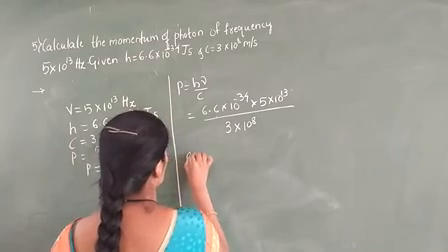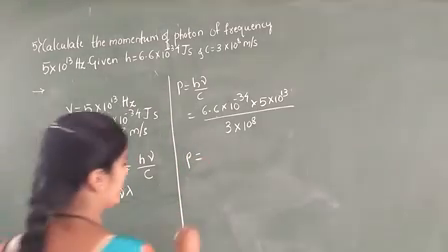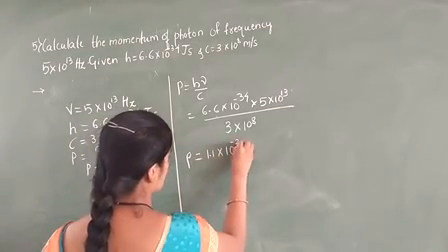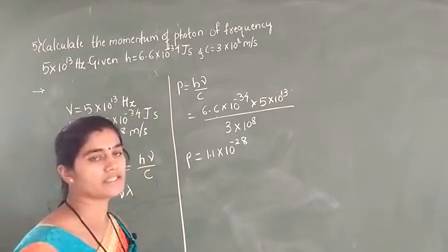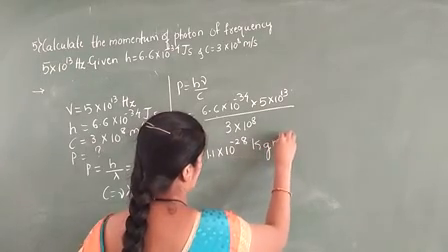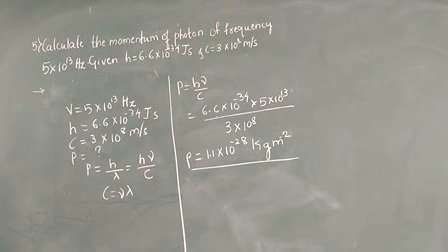Therefore, the calculation part of the p, we are getting the answer as 1.1 into 10 raised to minus 28 kg per meter square. Therefore, the momentum of the photon p is equal to 1.1 into 10 raised to minus 28 kg per meter square.